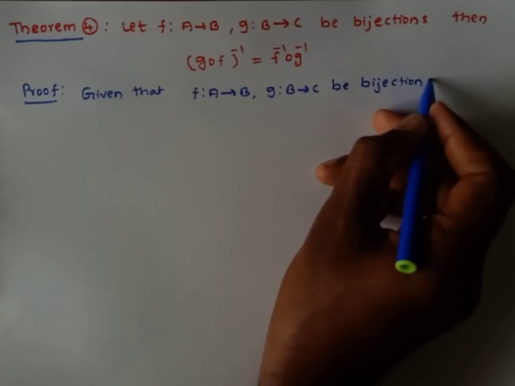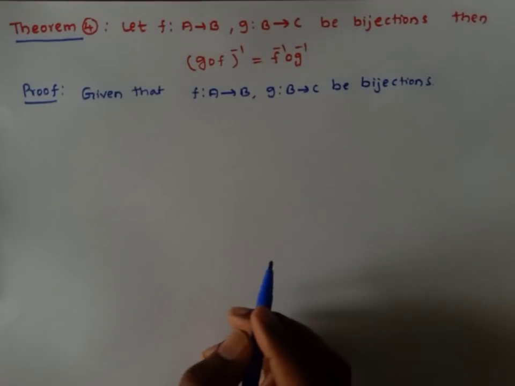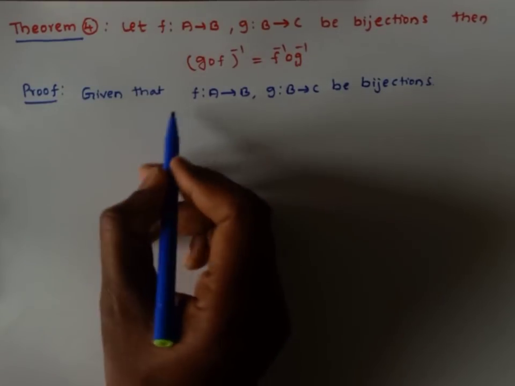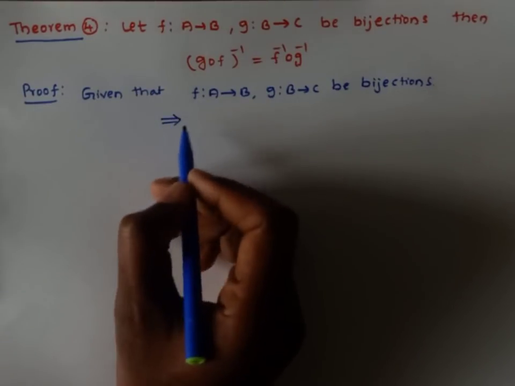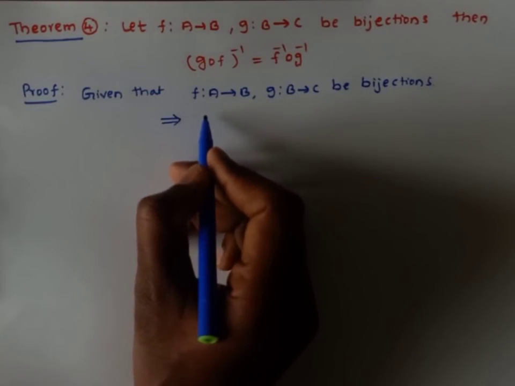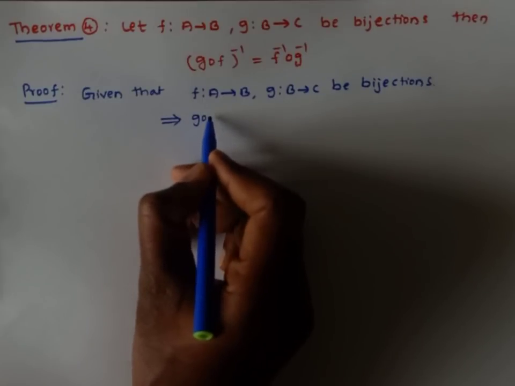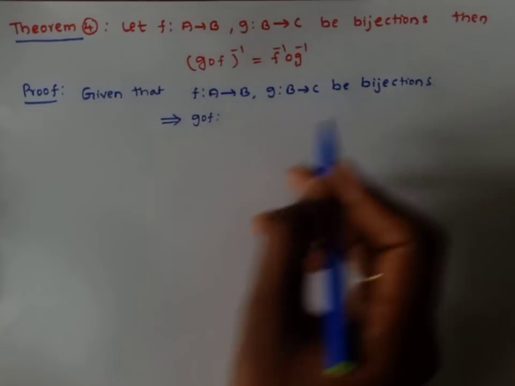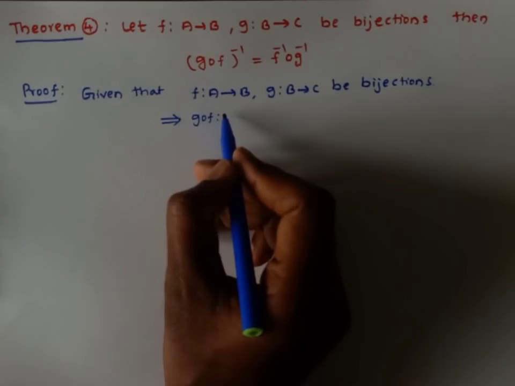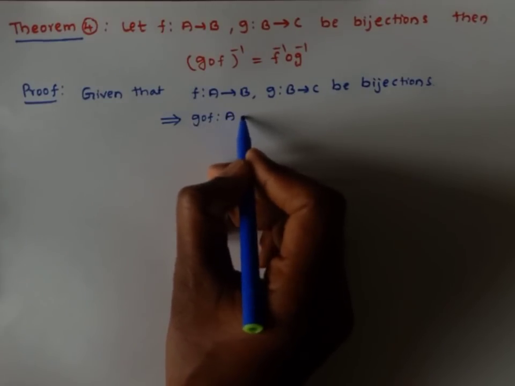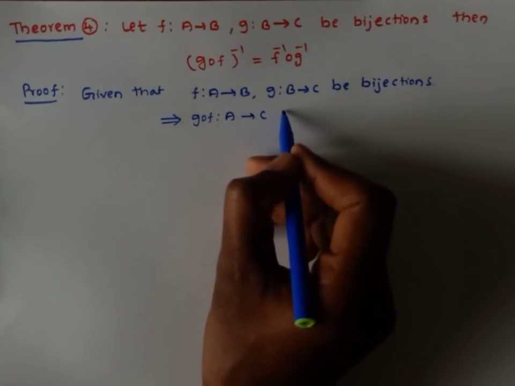Here you just need to recall the definition of bijection. Now F and G are bijections, so directly you can write one statement: G compose F is a bijection, right? With the previous theorem, F and G are bijections, then G circle F from A to C is a bijection.